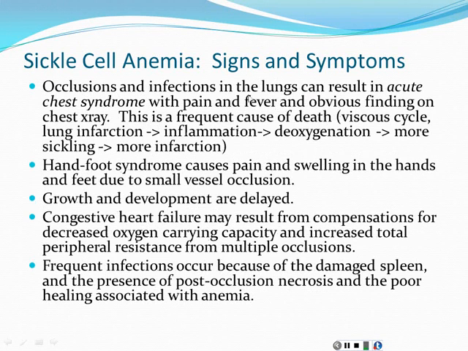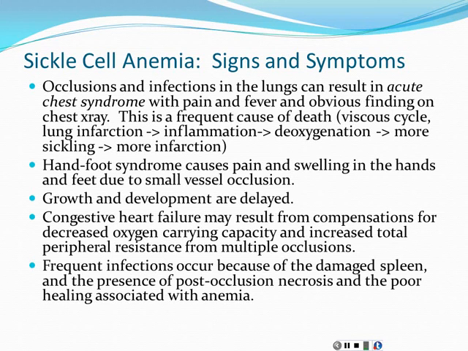Probably the worst case thing that can happen to you is what's called acute chest syndrome. And this is a vicious cycle where the infarction from the clogged up sickle cells are in the lungs. So if you infarct the lungs, you're going to lower the oxygen concentration in the whole body, right? Because there's not blood flowing past the oxygen.